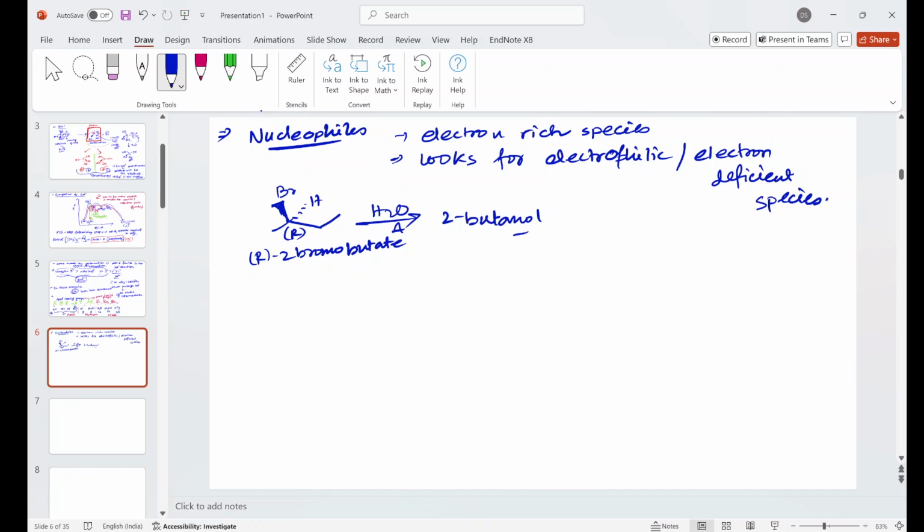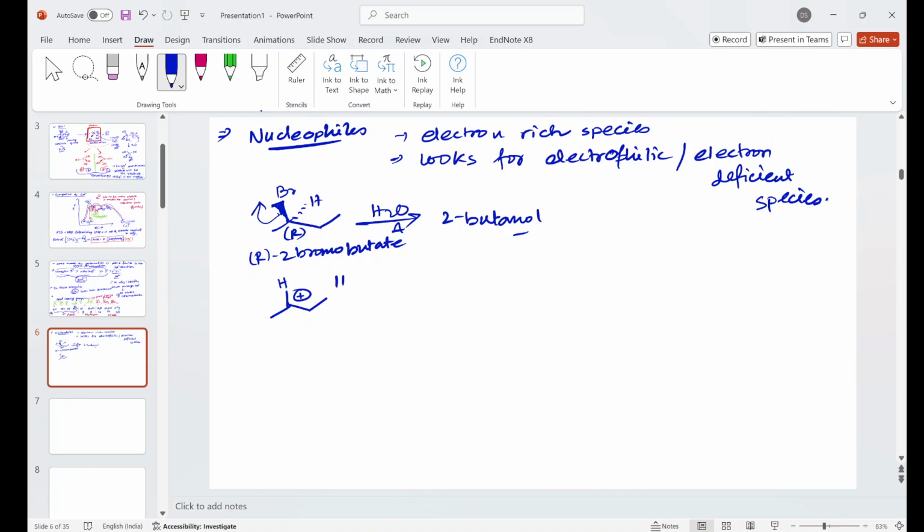Okay. So how will it go? First, the leaving group leaves, and you will get this carbocation.